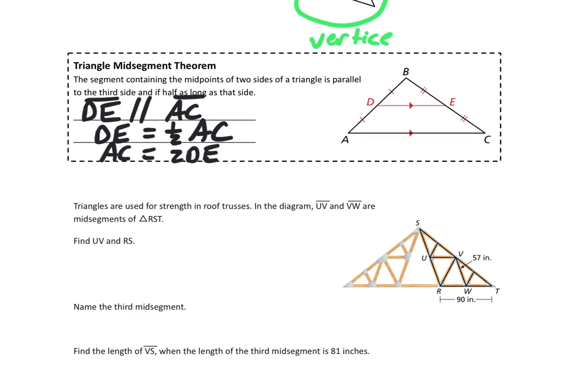And the reason I write both of those statements is because in some cases, if they gave me that this was 5, then this would be 10. If I told you that this was 20, this would be 10, right? So if I give you the long side, I divide by 2. If I give you the mid-segment, I multiply by 2. So it just depends on which one we're given as to which direction we're going to go. But it's either multiply by 2 or divide by 2 to get from one to the other.